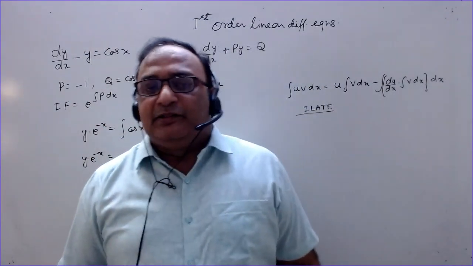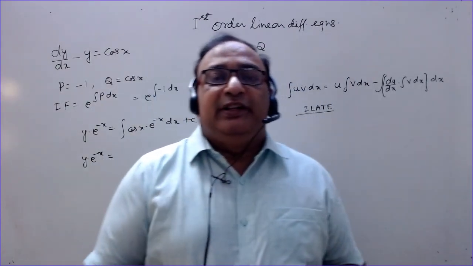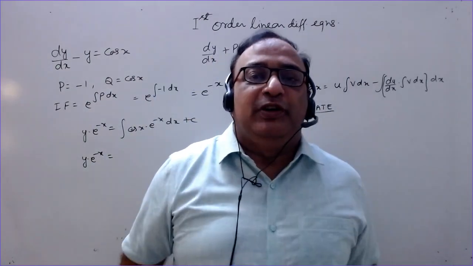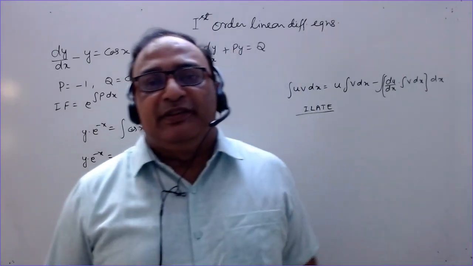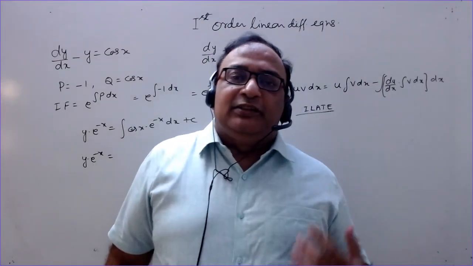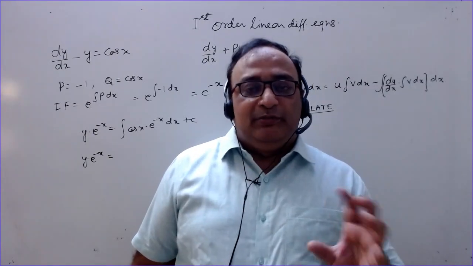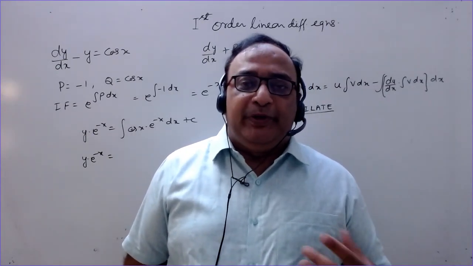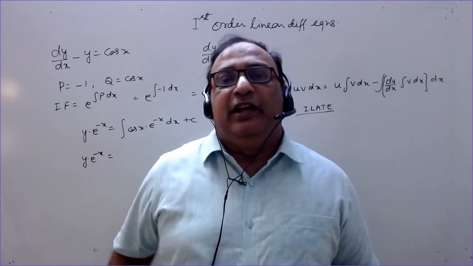It does not mean that it fits everywhere. It tells you which function to take as first and which as second. This we have discussed in the topic of integration. Generally this rule gives good results, but sometimes it fails.